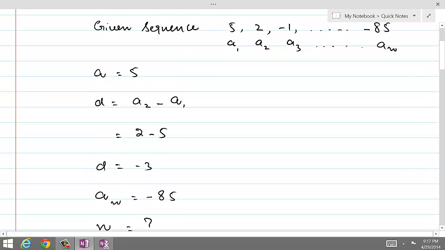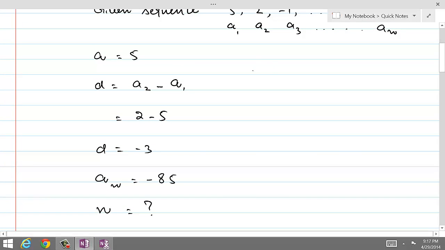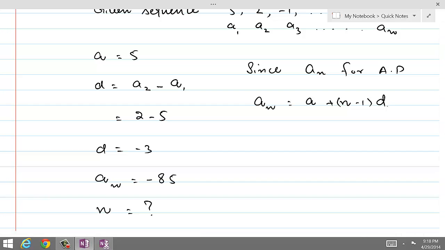If we look at the formula for the nth term of an AP, AN is equal to A plus N minus 1 into D. This formula contains A as well as N, AN and D. Three of these are given, their values are known, and one is unknown, and in such a case this formula is ideal.